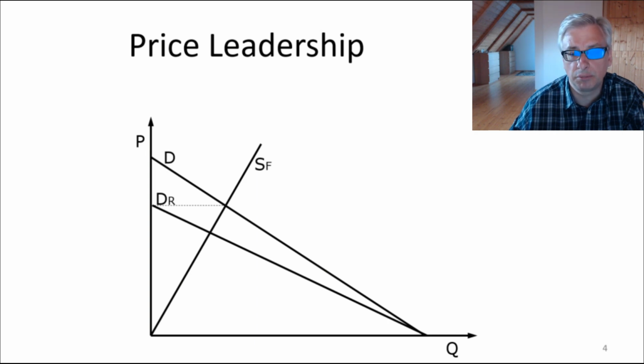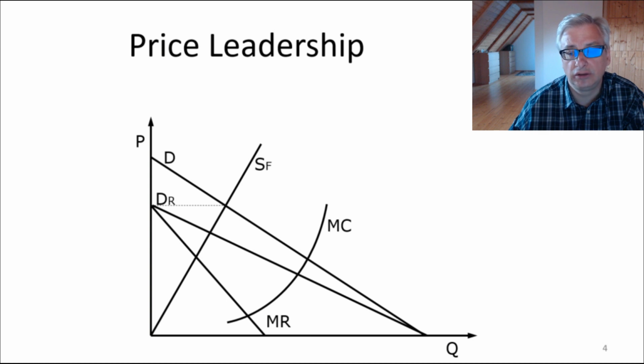for monopolistic market. So what we need is marginal revenue and marginal cost, and we make our normal considerations for profit maximization. So we look for the intersection point between marginal revenue and marginal cost.